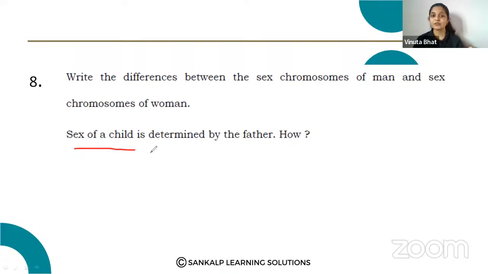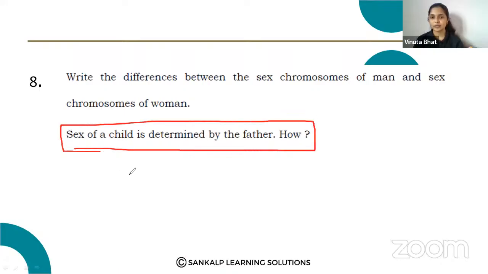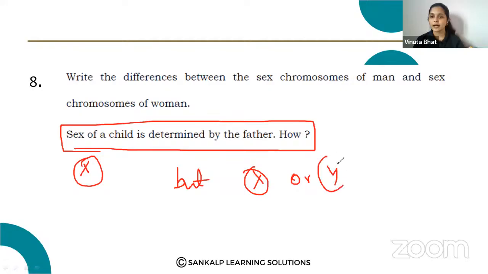Here, the sex of the child is determined by the father. How? You have to explain. The egg always contains the X chromosome, but the sperm may contain either X or Y chromosome.